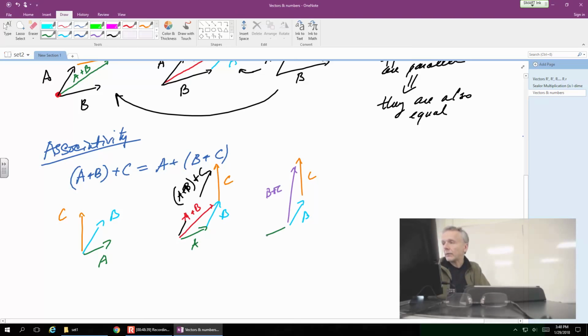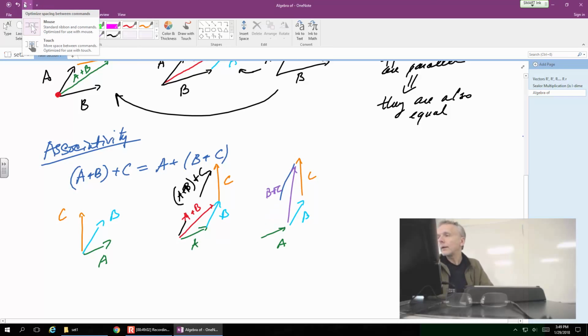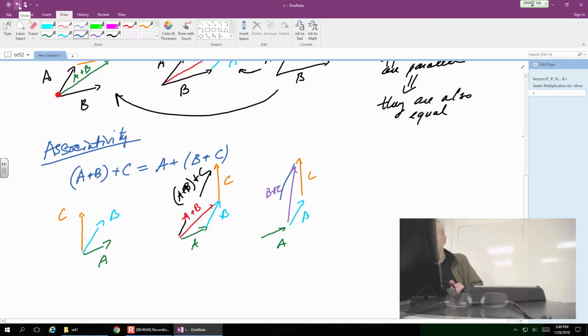I'll stick with the same order, A here. So B plus C is the purple one, and I'm just adding the last one, with one more color. Like this. So this is supposed to be A plus B plus C.